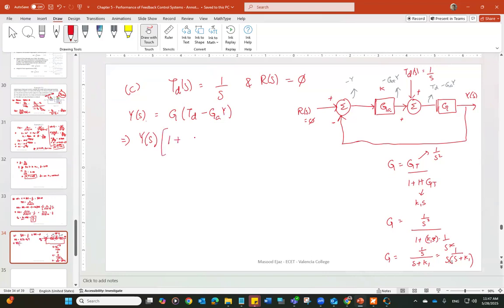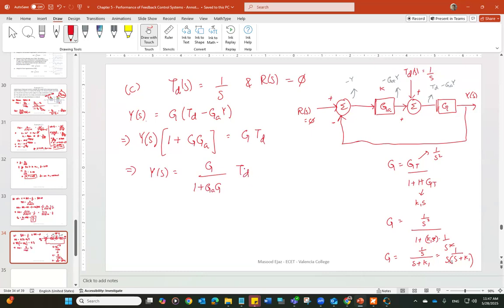So I will have 1 plus G times GA. And on the right side, I will have G times TD. So Y of S will be G over 1 plus GA G times TD.